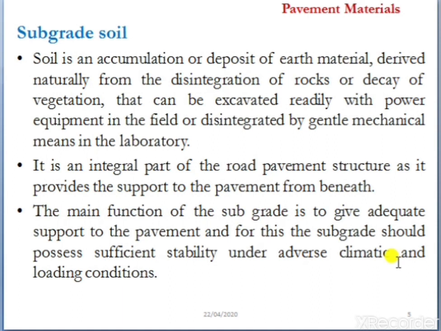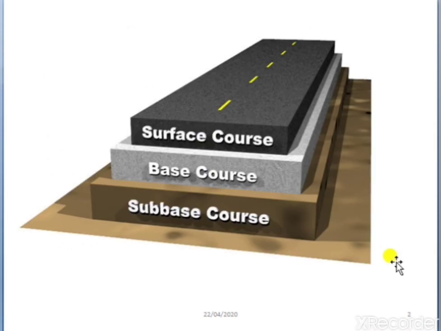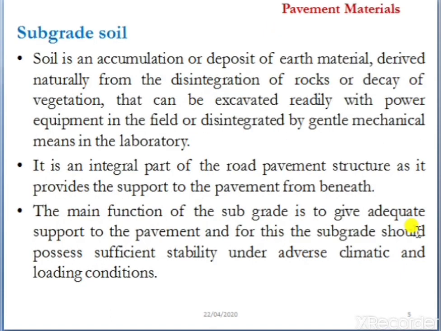Now let us see about subgrade soil. Subgrade soil is the first course of the pavement above the natural ground surface. Soil is an accumulation or a deposit of earth material derived naturally from the disintegration of rocks or decaying of vegetation that can be excavated readily with power equipment in the field or disintegrated by gentle mechanical means in the laboratory.